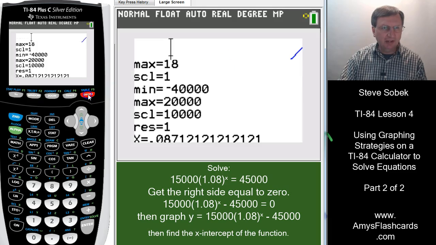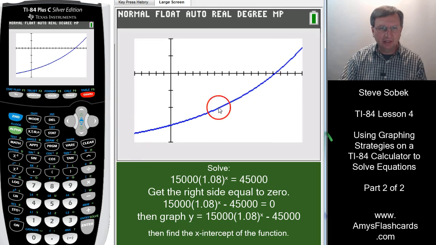And then when we hit the graph button, we could see the function, and our focus of attention is right here. We want to find out, where does this graph hit the x-axis? Now we know the y-coordinate of that point is 0.